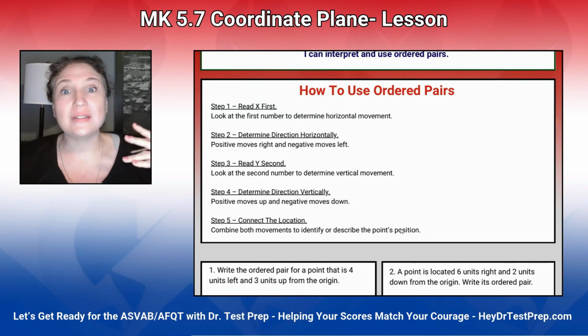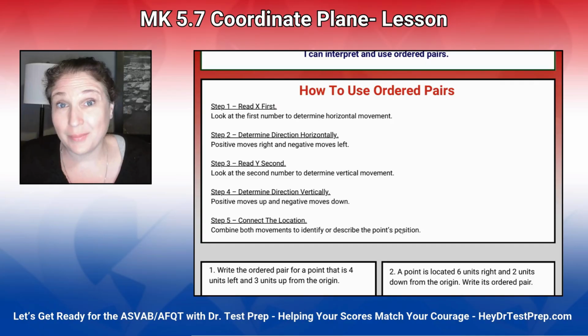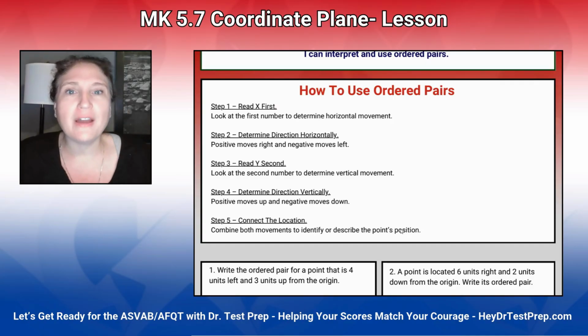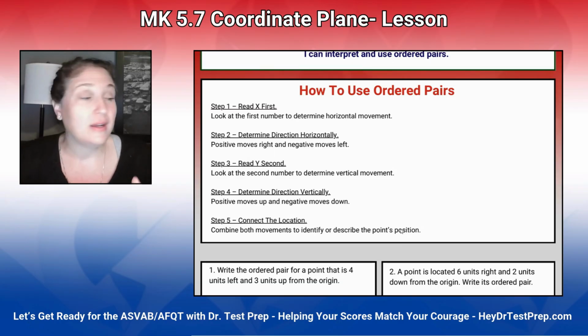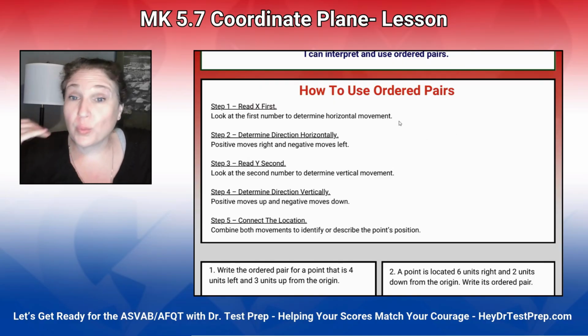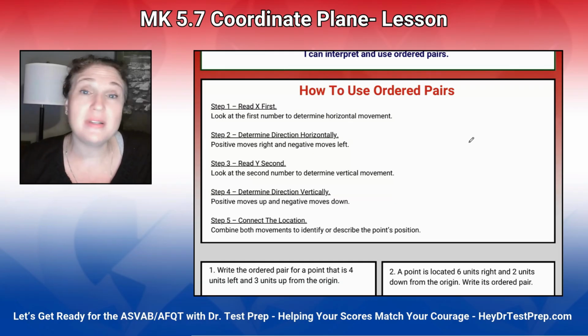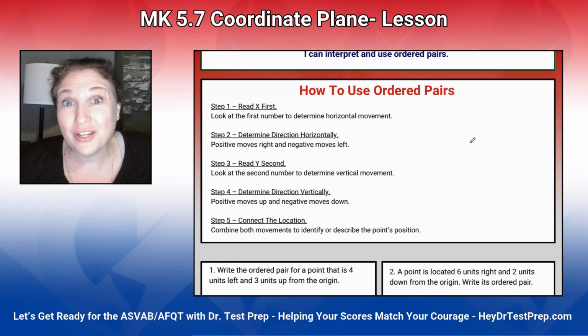Pretty much all of this is probably not going to be ASVAB AFQT questions, but you have to know this information to do what's coming up in 3.8, which is slope and Pythagorean theorem and things like that. So if you really understand coordinates and you're short on time, could you probably skip this video? Yes. But 15 to 20 minutes to make sure you know everything is not a bad thing either.